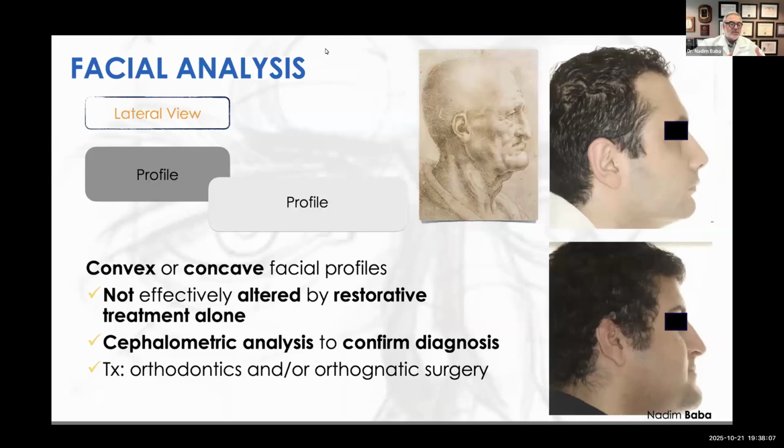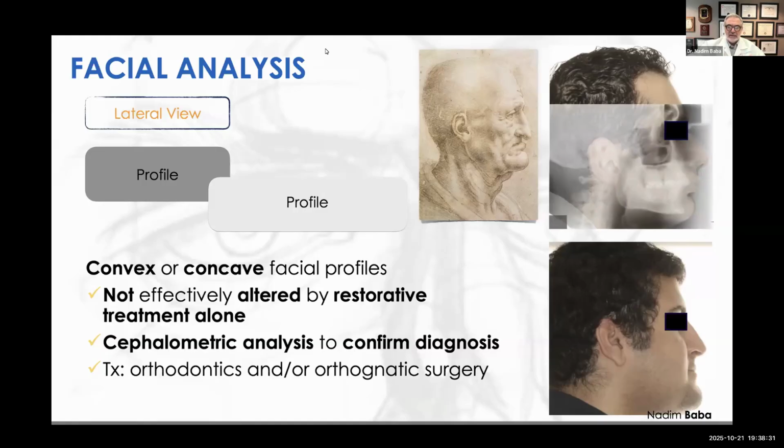The other thing, we look at the profile. We want to know if a patient has a convex or a concave facial profile. It's not effectively altered by restorative treatment alone. So if a patient is a class 3 and you think that you can bump up the upper lip with the crowns and adjust him from a class 3 to a class 1, it is practically not feasible.